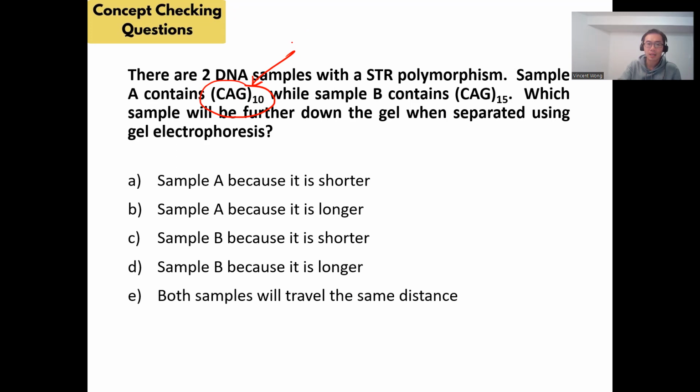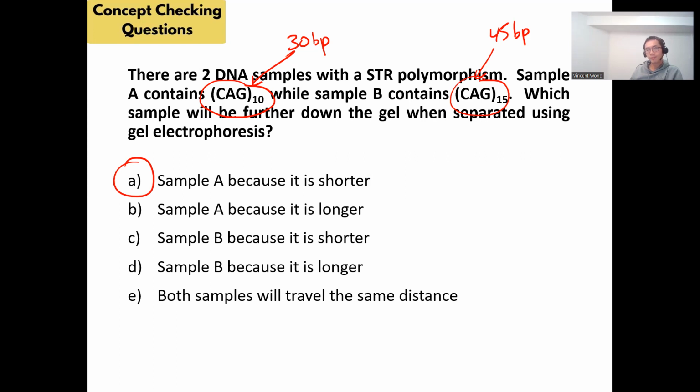So that's 30 base pair in total. This is repeated 15 times, which is 45 base pair in total. I mean, you don't really have to figure out the total number of base pair. Like 15 is longer than 10, right? That works too. So which one is going to be further down? Well, it's going to be sample A because A is shorter. The shorter it is, the further down it is going to be able to move down the gel.